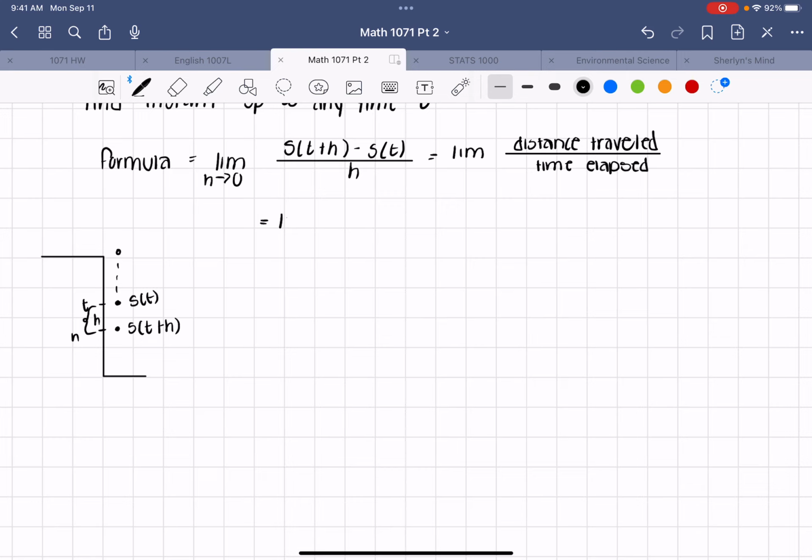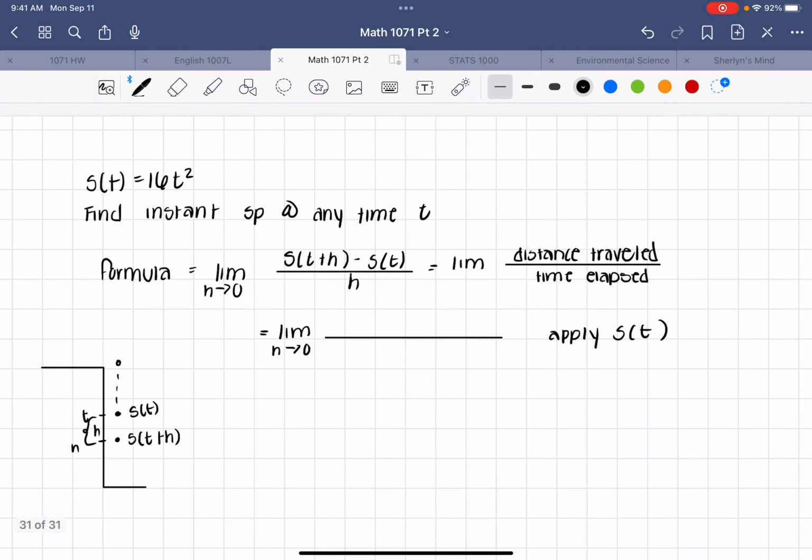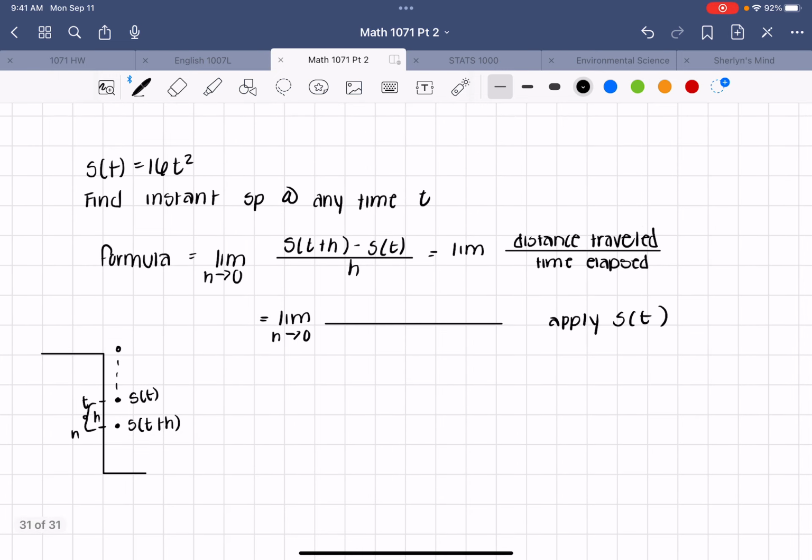Okay? Now what we're going to do is apply the function s. I want s of t plus h. Can I use my childish boxes to be sure we're all together here? Put t plus h into the box. The instructions say square it, multiply by 16.